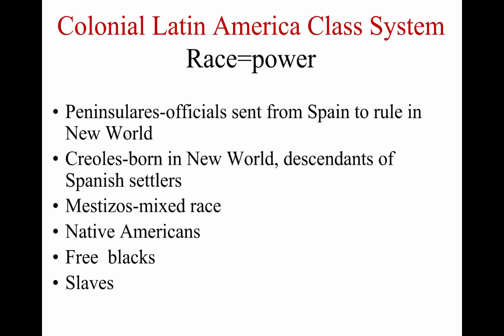So depending on where you lay within that hierarchy, you could still be maybe somewhat rich and powerful, but you're definitely below the 100% European-born peoples. Underneath them would be Native Americans, most of which were working as indentured servants. Then underneath the Native Americans would be the free blacks that through various means had bought their freedom. And of course, at the very bottom would be African slaves.